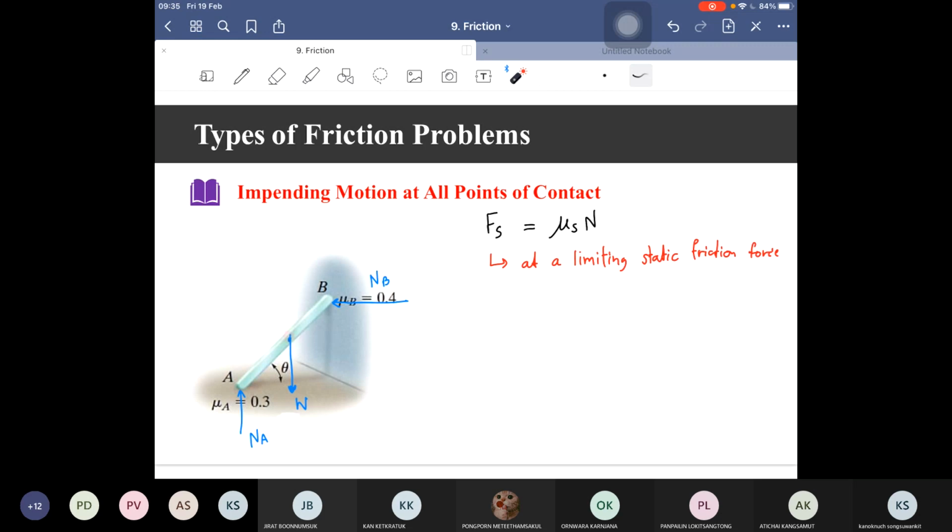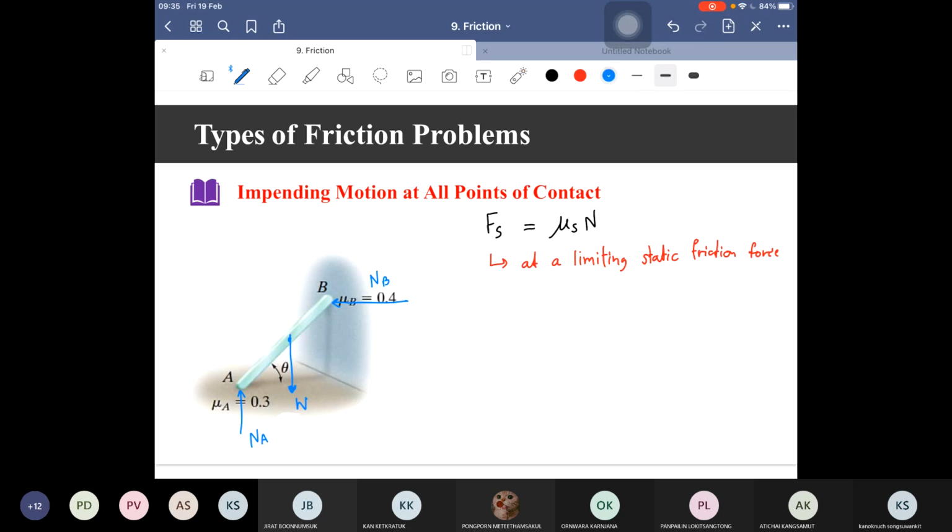In this system, we don't have any external force exerted on this bar, but consider its weight and the gravity force. The gravity force will make this bar AB tend to move to the left-hand side.